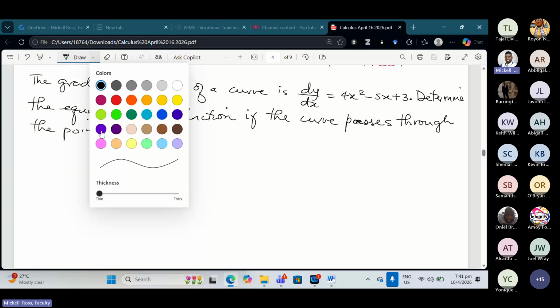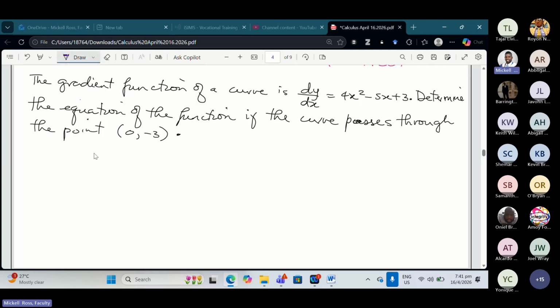Now, to find the equation, it's going to be the integral of the derivative function with respect to x, 4x squared minus 5x plus 3. So when we integrate this side, we're just going to end up with y, which is the antiderivative. And when we integrate this part, notice, these points right here are not your limits for the integral.